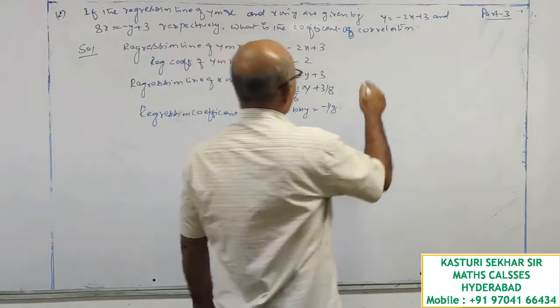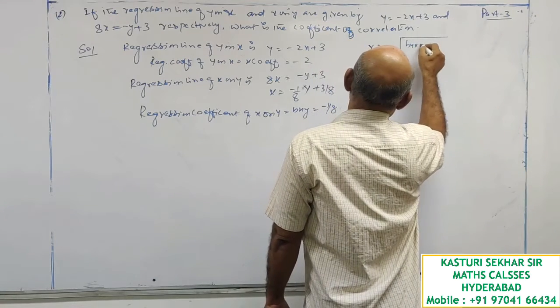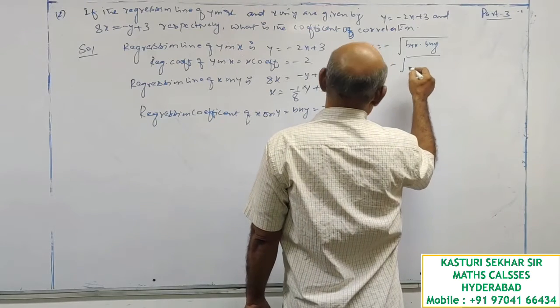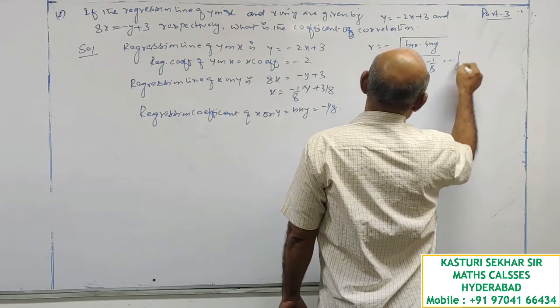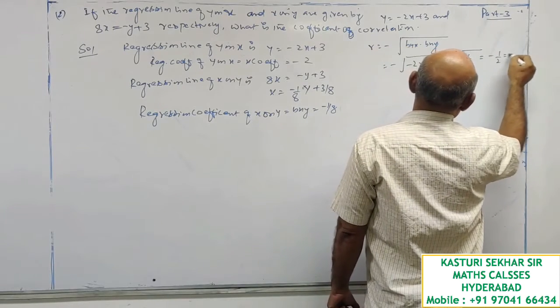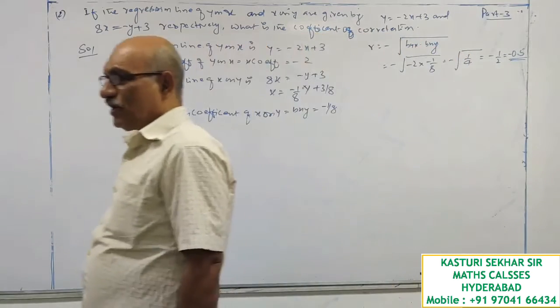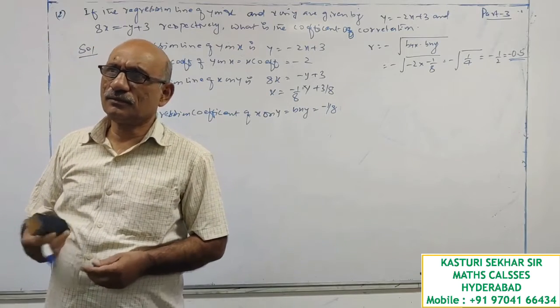It means r is also negative. R is equal to minus the square root of byx into bxy. This is minus the square root of minus 2 into minus 1 by 8, which is 1 by 4, so minus 1 by 2, minus 0.5. This is the answer to the given question.